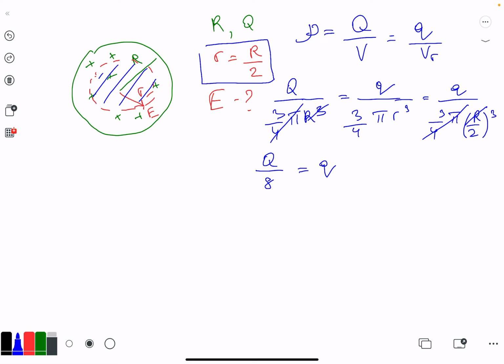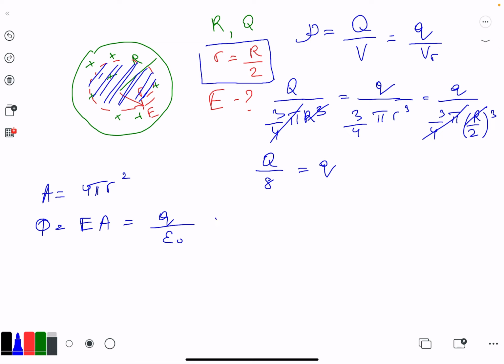Now we know that the area of this sphere, especially this shaded sphere, will be what? Area is equal to 4 pi r squared. Correct? We also know that flux is equal to electric field times area, or q enclosed divided by epsilon naught.